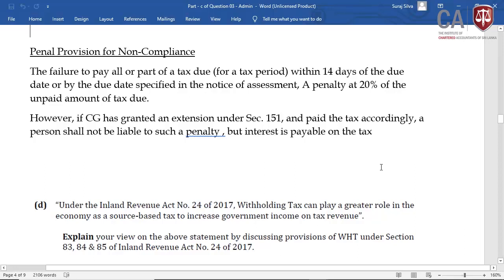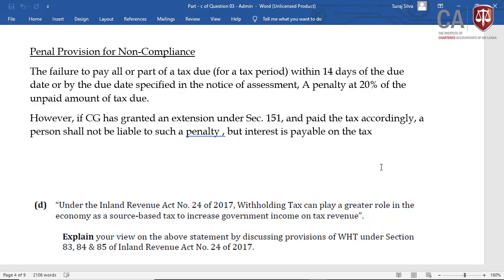The failure to pay all or part of the tax due for a tax period within 14 days of the due date, or by the due date specified in the notice of assessment, carries a penalty of 20% of the underpaid amount of tax due. This is the penal provision, in section 179 subsection 1.